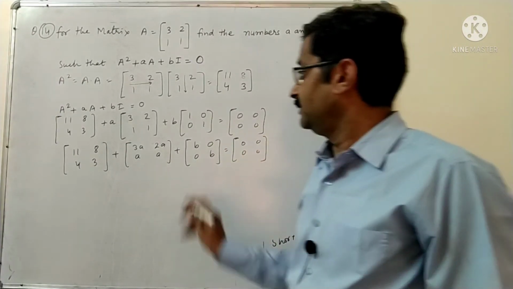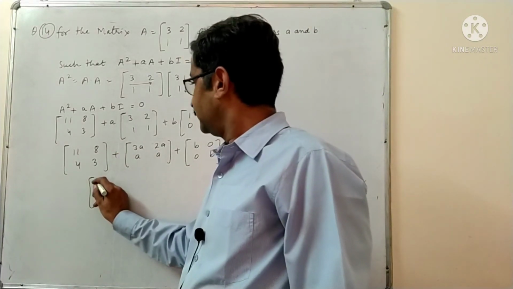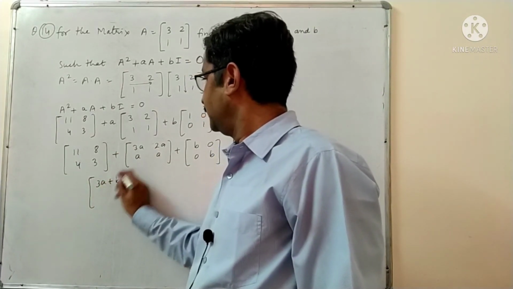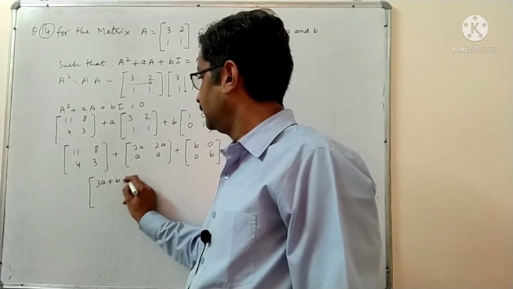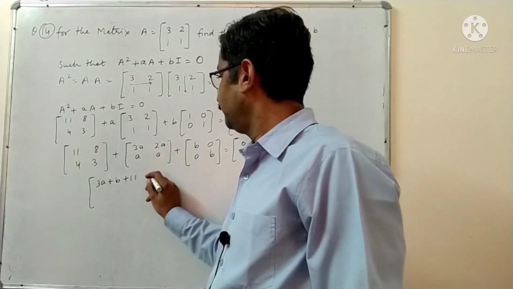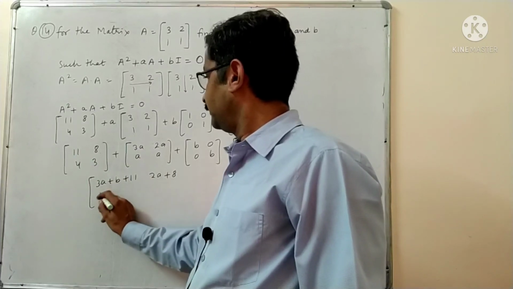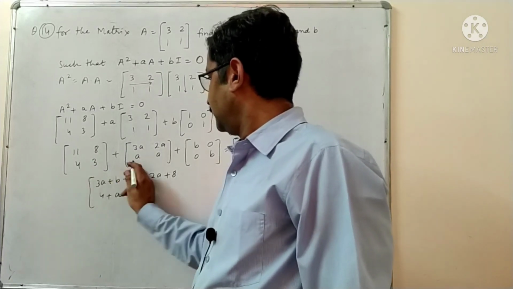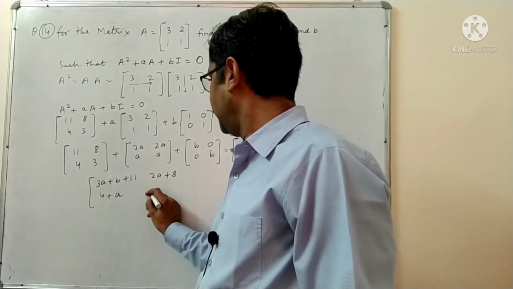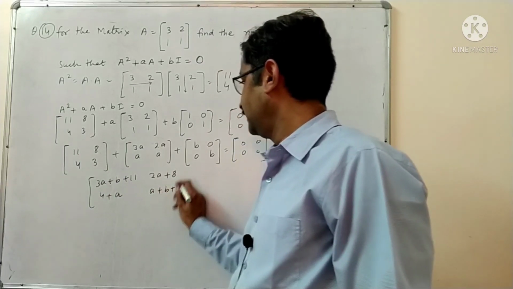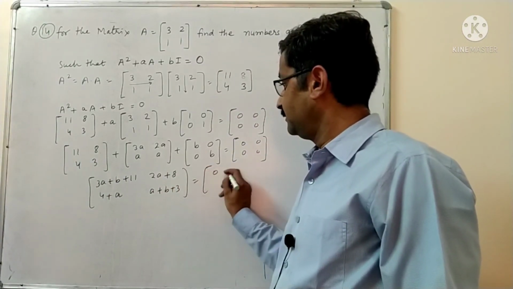Okay, now you will add these all. So what we get? 3a plus b plus 11, and here you get 2a plus 8, and here we get 4 plus a, and here we get a plus b plus 3. Okay, equal to 0 0 0 0.